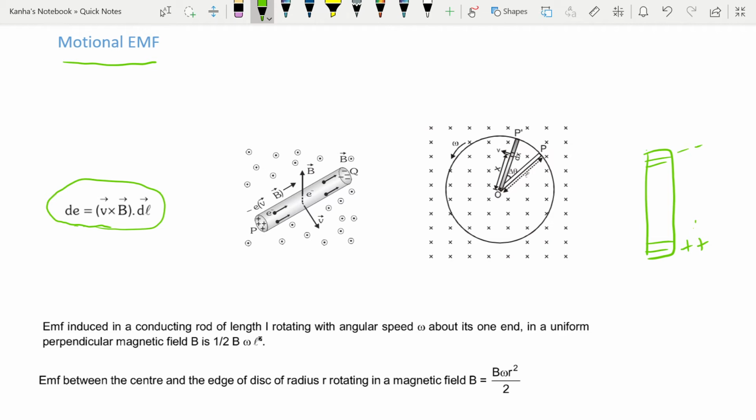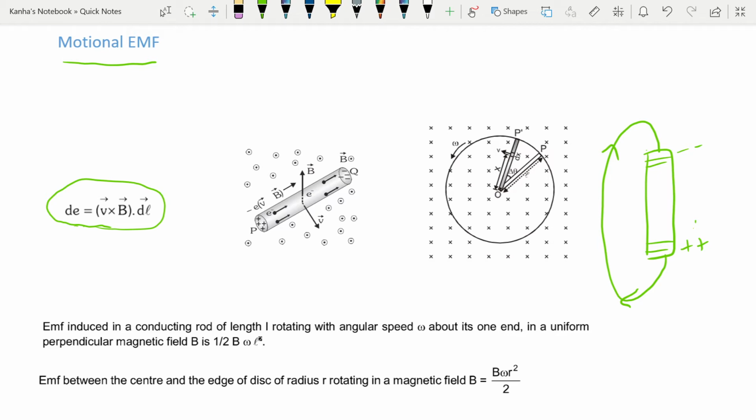Due to this there will be a flow of current in the circuit in this direction, and inside the cell like this. Sorry, inside the cell we need to make it properly. This is the current in the circuit.